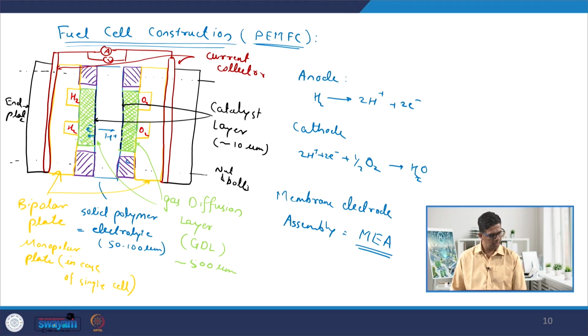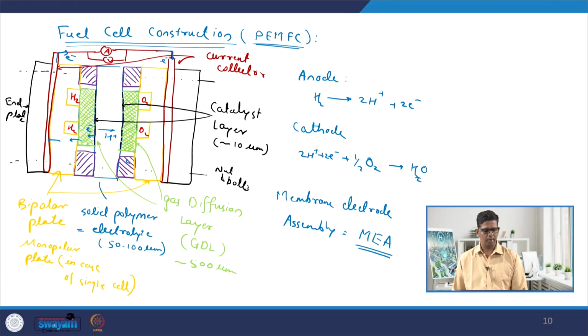From the gas diffusion layer, these electrons come back to the monopolar plate in case of a single cell, or the bipolar plate in case of stacks. From this plate, they are taken towards the current collector, and from the current collector they reach the external circuit. That's where we get current, and through this external circuit they again enter the current collector on the cathode side.